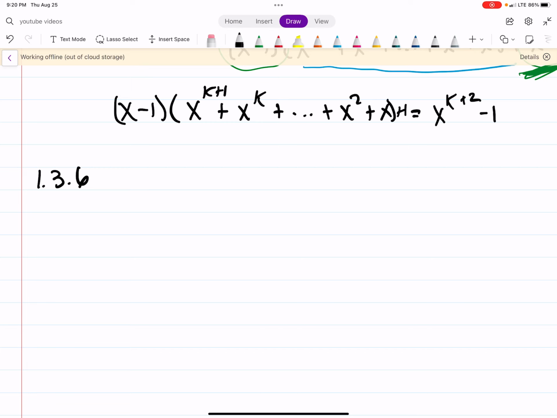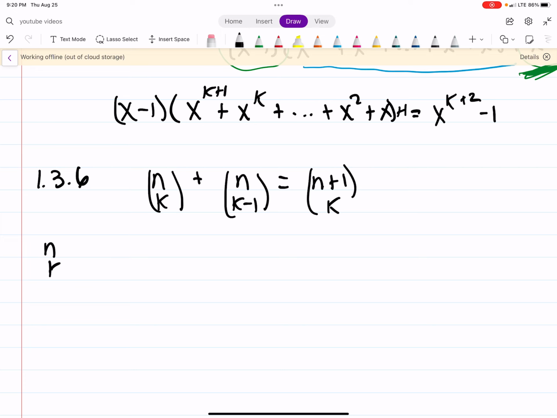Okay, so with 1.36, we have n choose k plus n choose k minus 1 is n plus 1 choose k. And n choose k, just to have handy, is n factorial over k factorial times n minus k factorial. So this is just a shorthand of writing it because it comes up quite a bit.